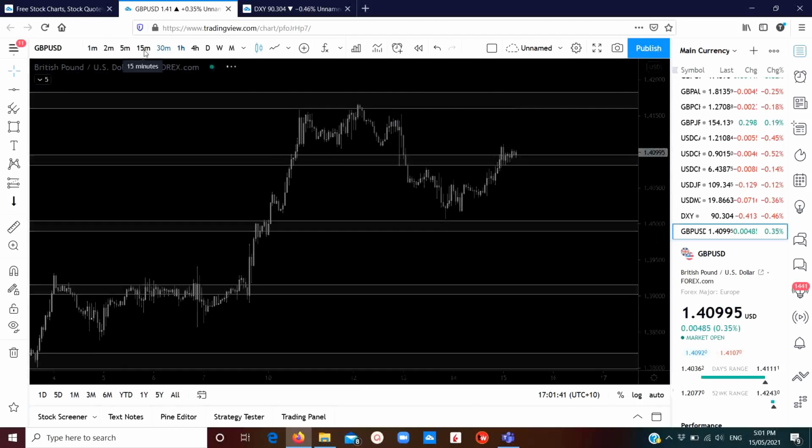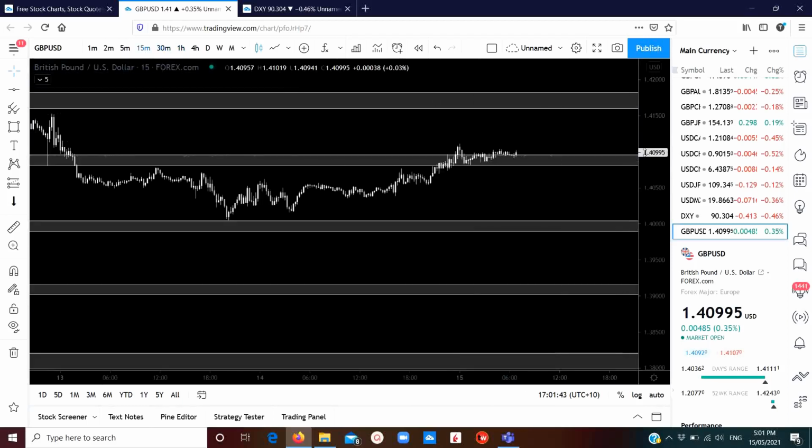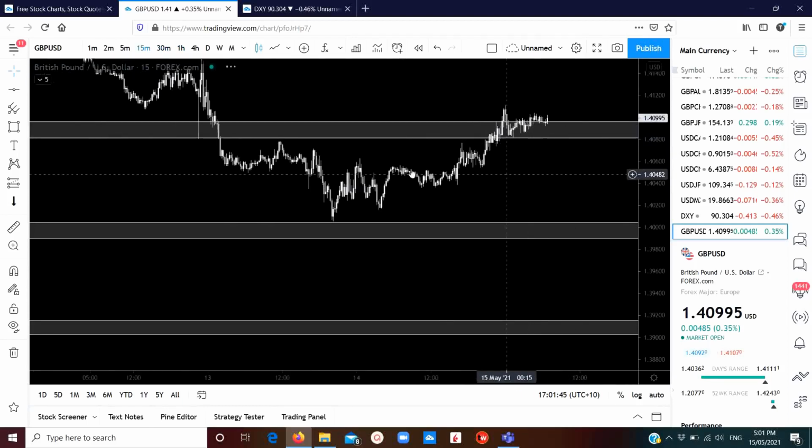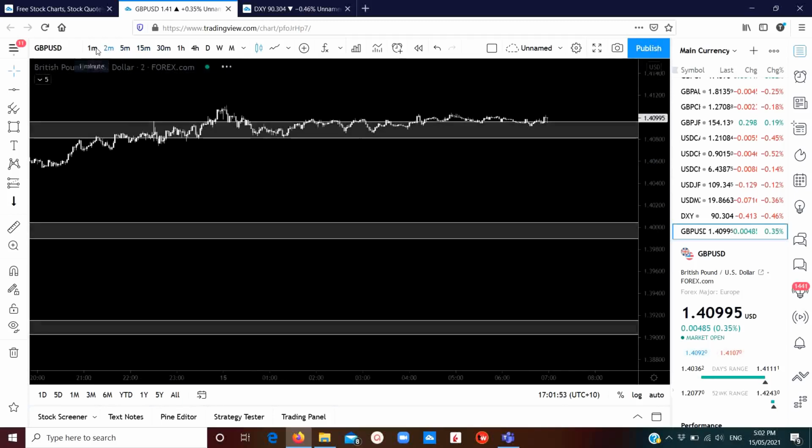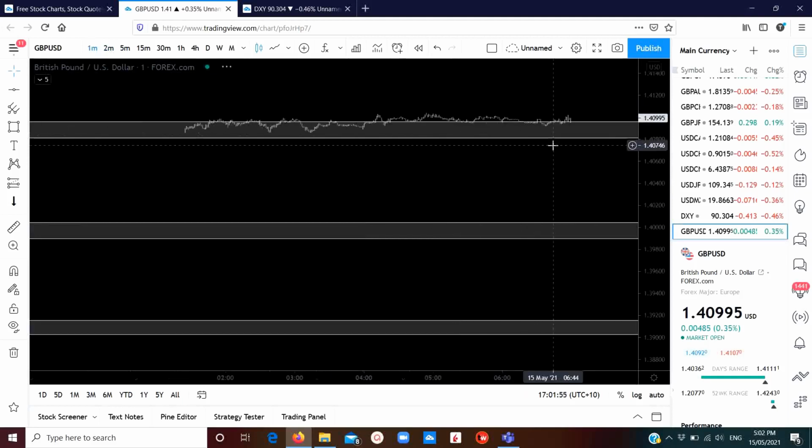Then I'll scale down and wait for an entry to line up, a little lower time frame order block or range being formed. Then I might scale down, look at a 1 minute, see a little break and retest, and so forth.